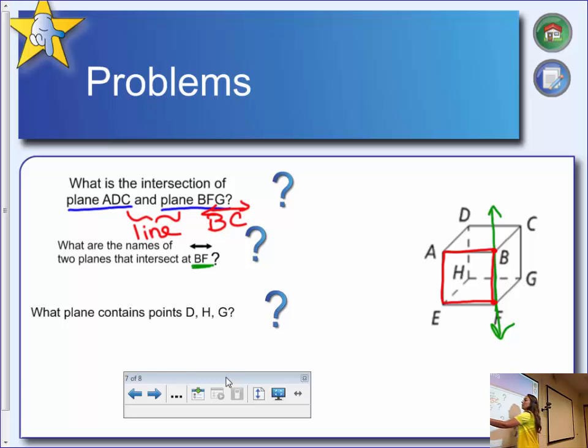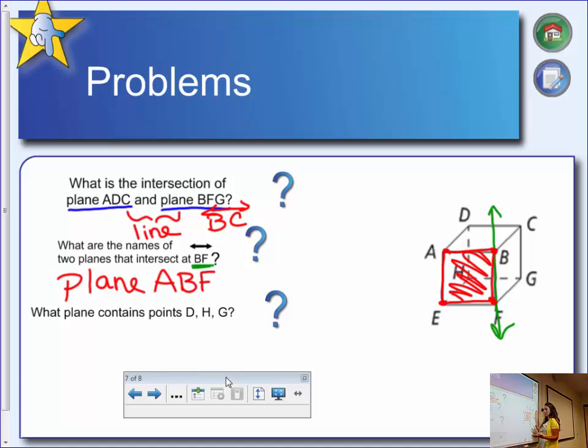When we name a plane, remember, pick 3 points that are non-collinear. Well, there's 4 points, A, B, F, and E. So any 3 in any order, and I'm just gonna say A, B, F, is this first plane here in the red. You could have used E in your notation if you would like.